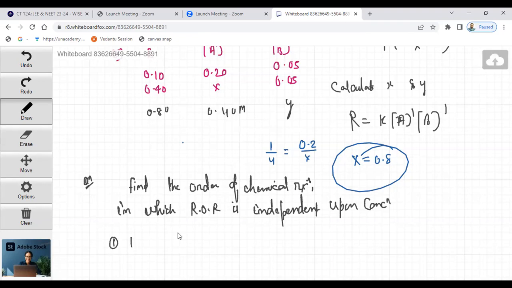First option is 1, second option 2, third option 3, fourth option 0. Please answer fast because I have another class from 8 p.m.